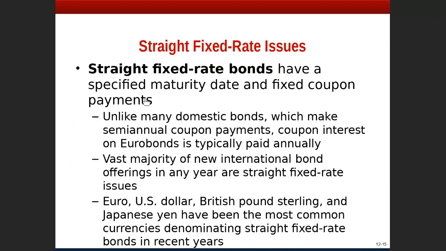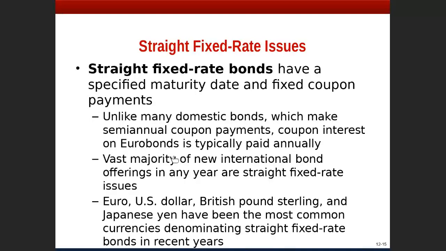Now, straight fixed rate bonds have a specified maturity date and fixed coupon payments. Unlike many domestic bonds which make semi-annual coupon payments, interest on Eurobonds is typically paid annually.